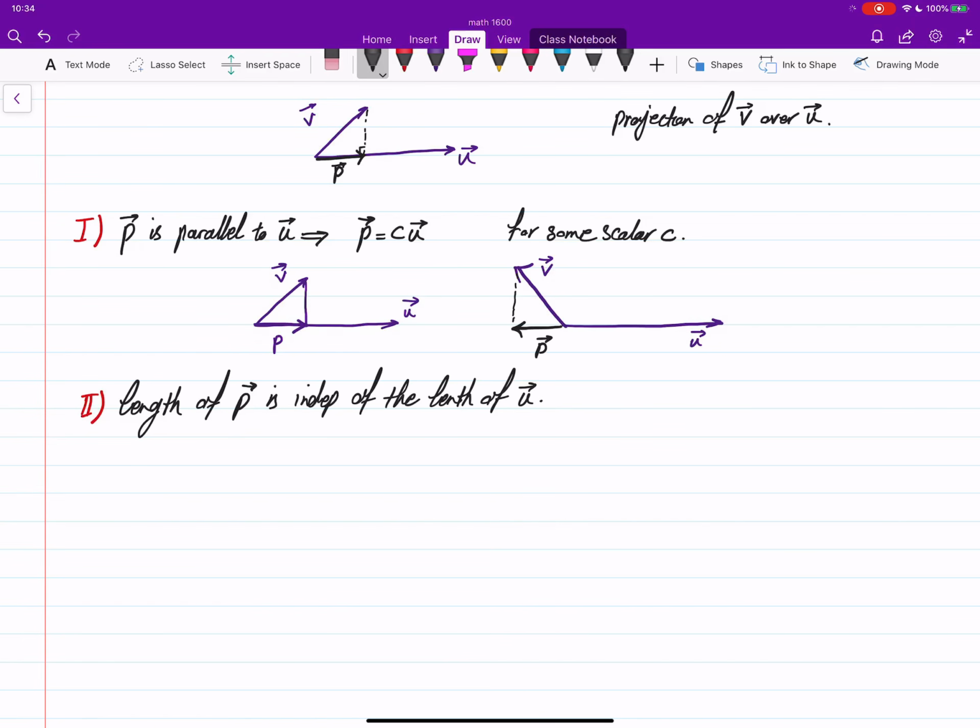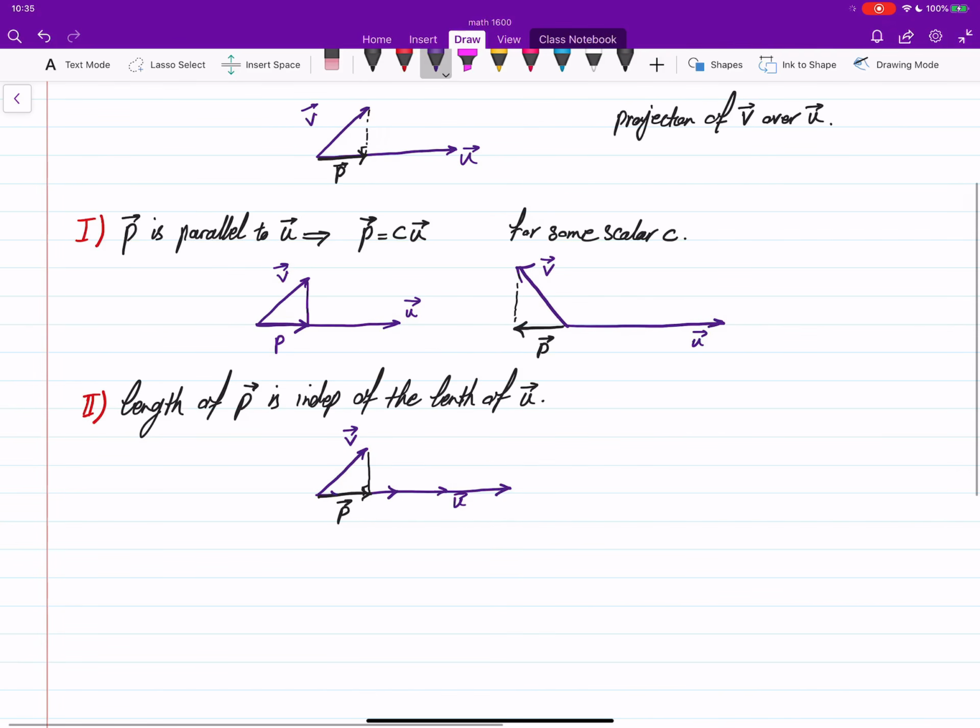Why? See, this is the vector u, this is the vector v, and when you find the shadow, you find this vector p. Now let u be longer. Well, the shadow doesn't change. Let u be shorter. Well, the shadow doesn't change.